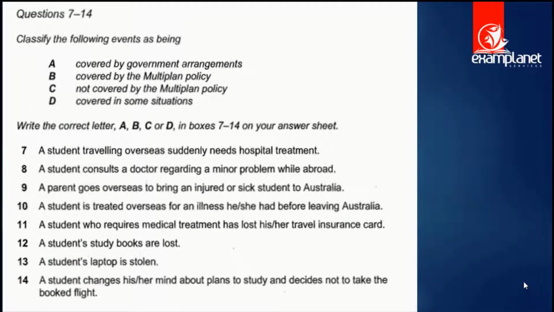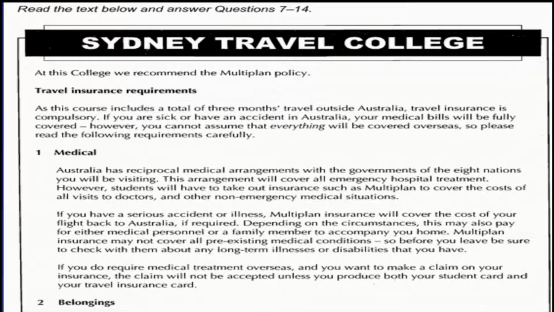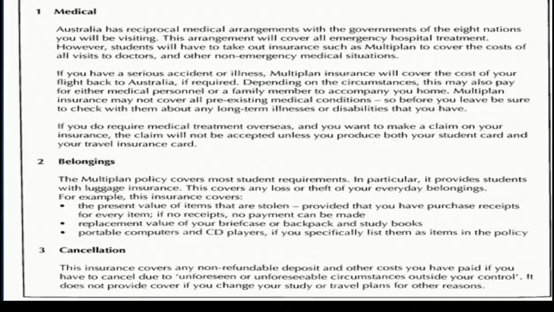Question 11 is a student who requires medical treatment has lost his or her travel insurance card. If you go to the passage, you can see the clue on the last paragraph under medical, talking about claim on insurance.